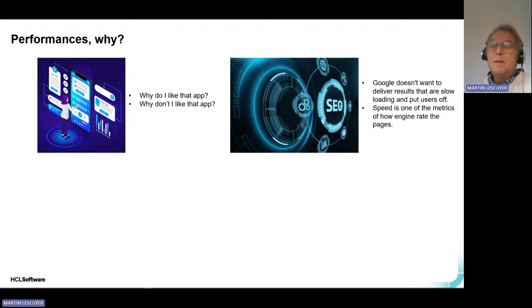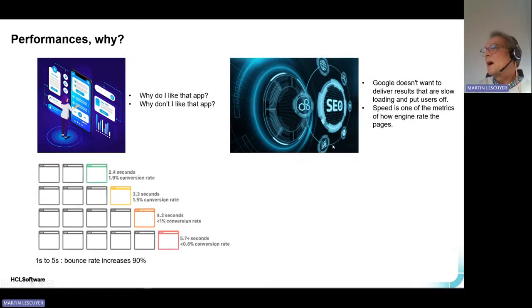And they are measuring the page load time that your application is doing, and basically Google and others don't want to deliver bad results, because they would be associated with a poorly performing result. They don't want that to happen, right? So the speed of your application is one of the metrics they use to rank your pages. So performance is really important so that you can achieve a high ranking goal.